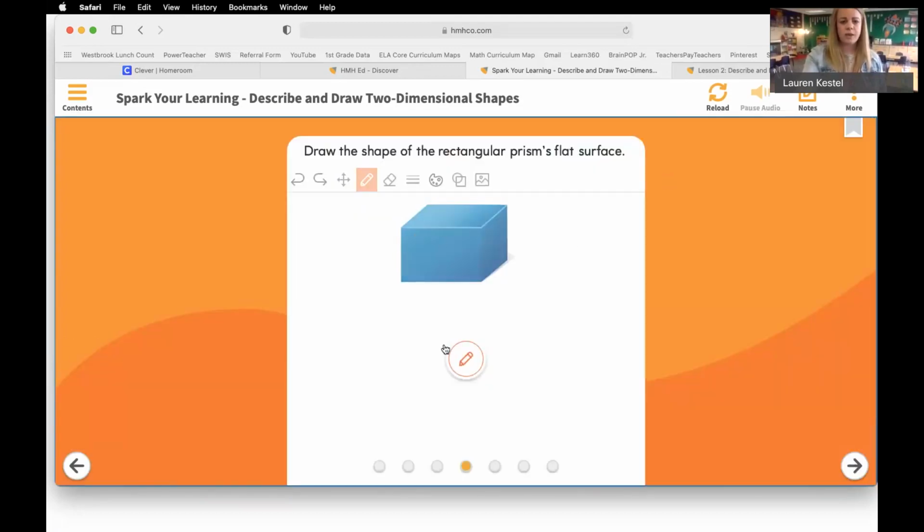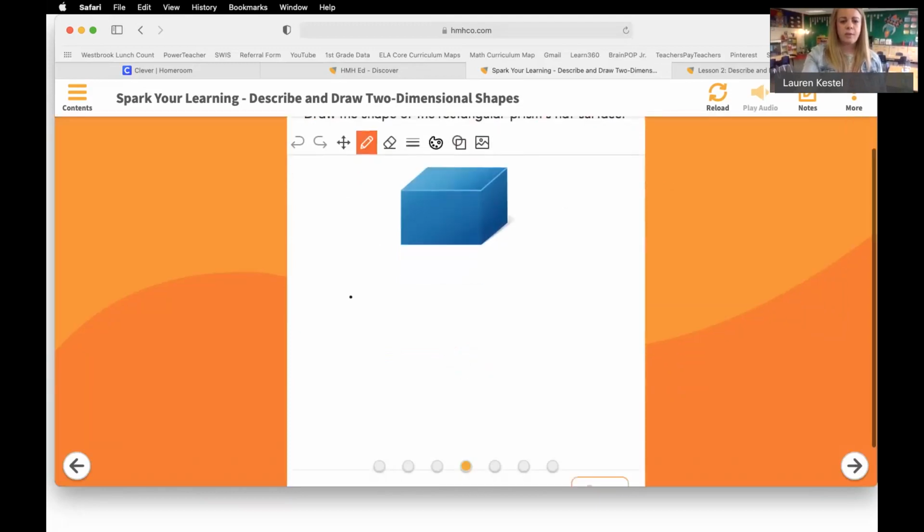Let's draw the shape of the rectangular prism's flat surface. So think about what shape each surface of this rectangular prism is made up of. You're right, we see a rectangle, and I remember that a rectangle has 2 short sides and 2 long sides.